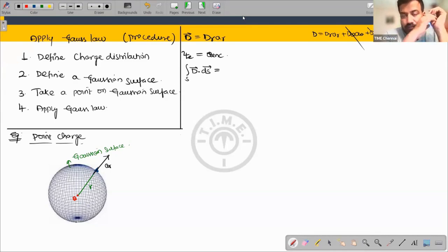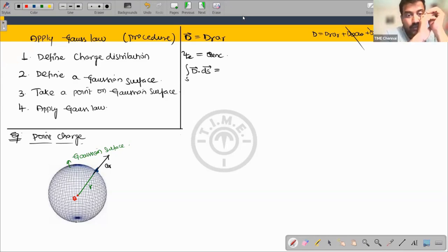Dinesh. That is charge of the electron. What you are saying? 1.6019 into 10 power minus 19 coulomb. In this scenario, how much is charge enclosed?